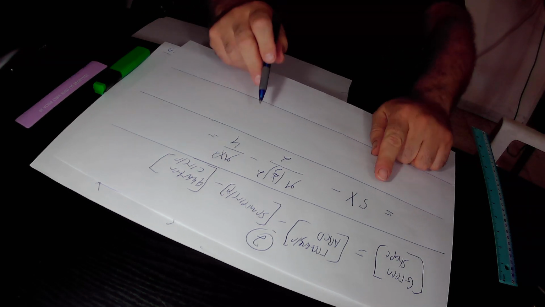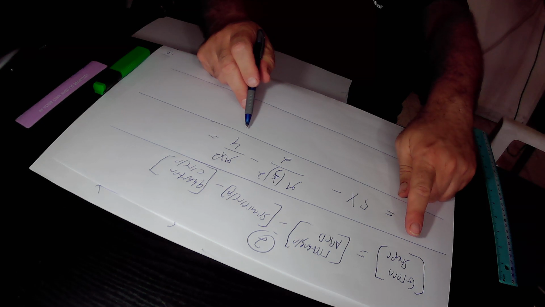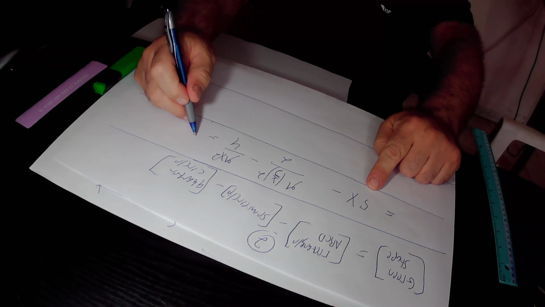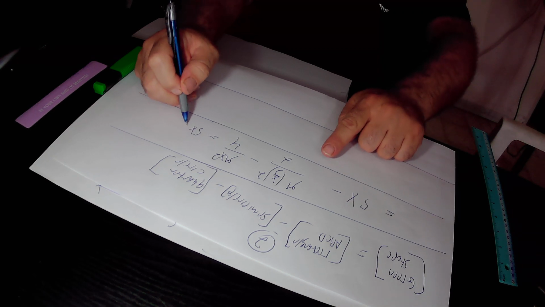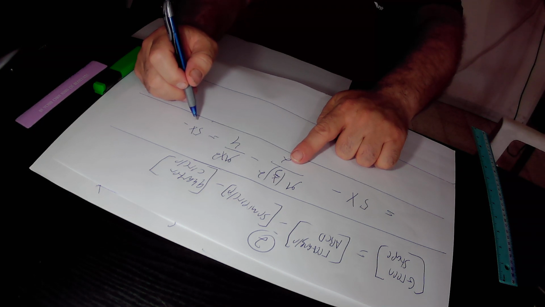So actually, the value of this expression equals the area of the green shape. So this expression equals 5x minus, here we have x over 2 squared is x squared over 4.